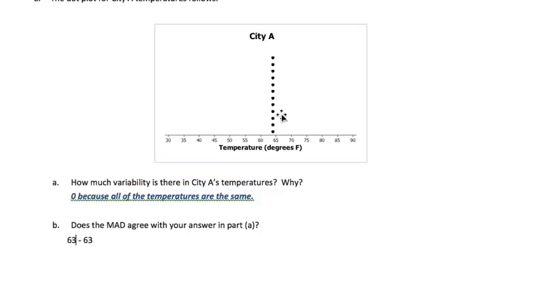No, that is the mean. Little error there. So each one of them would be 63, the data point, minus 63, which is the mean, and that will give us 0. And 0 divided by any number is 0. So our mean absolute deviation does agree with our answer in part A.